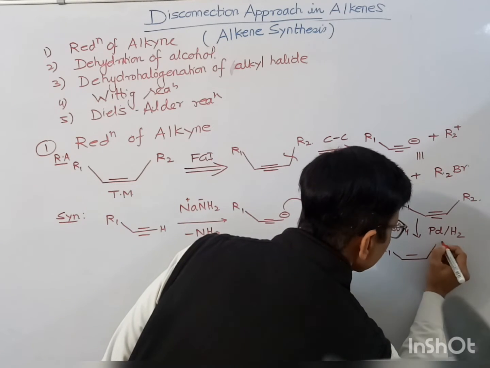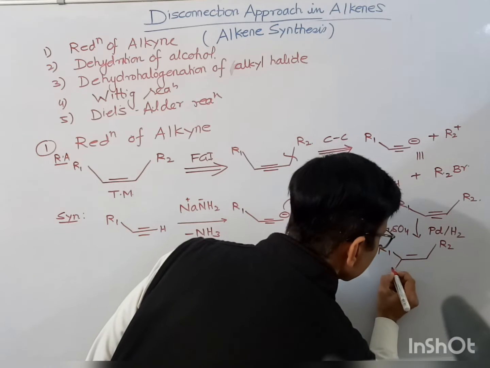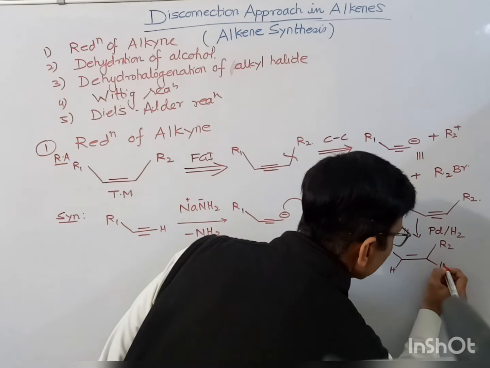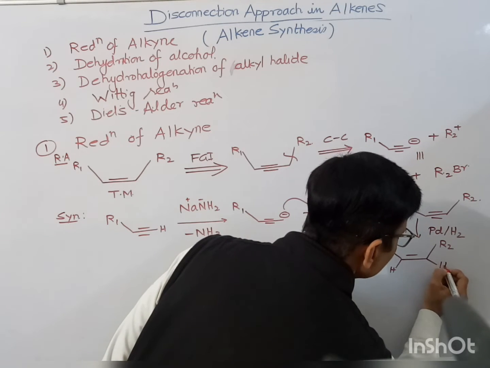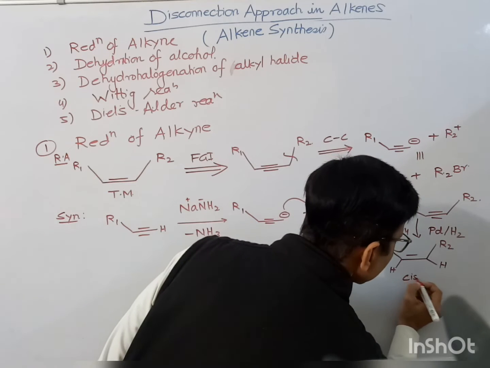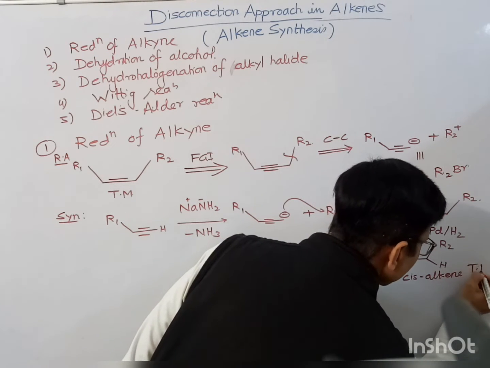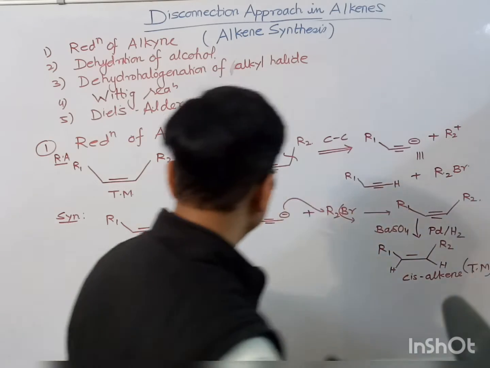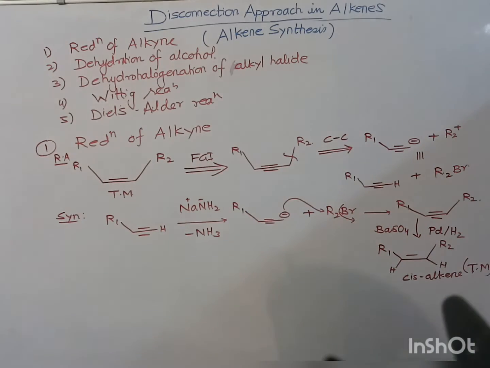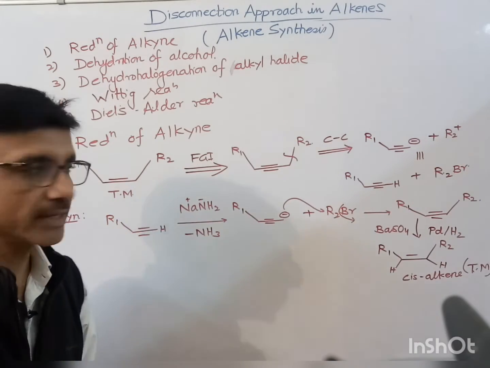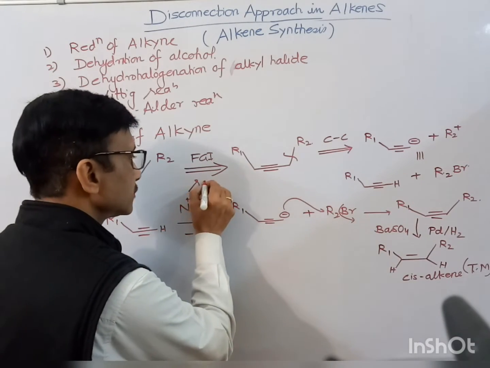You will get the cis alkene like this. If we are using sodium in liquid ammonia, then you may get the trans alkene. Okay. So this is the reduction into alkene. So here you can write the reduction.